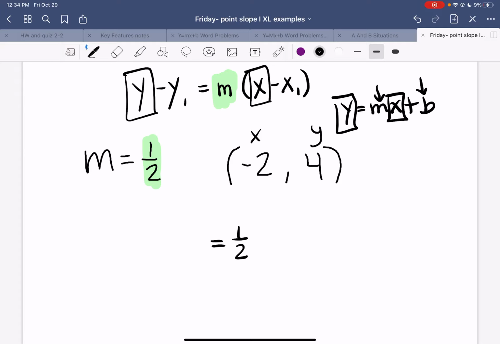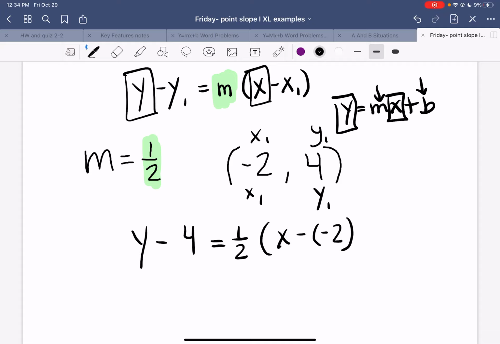So that means our y1 is going to be here, and our x1 is going to be that -2. So now let's fill in the blank. So if I say y minus 4 equals 1/2 times x minus, we have a -2.